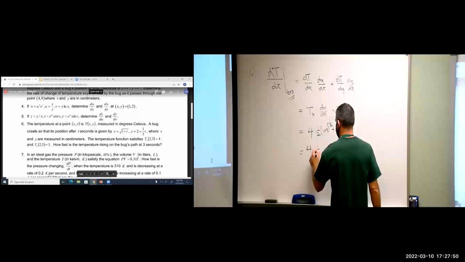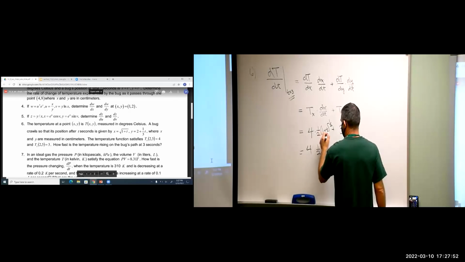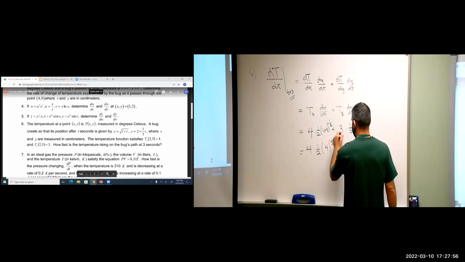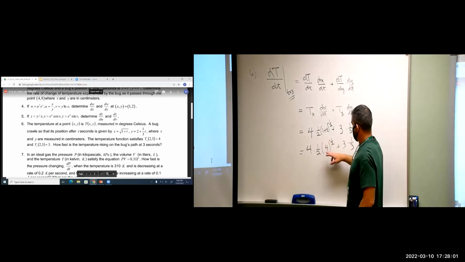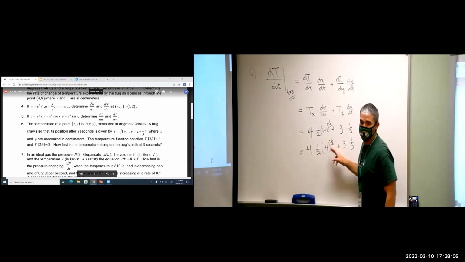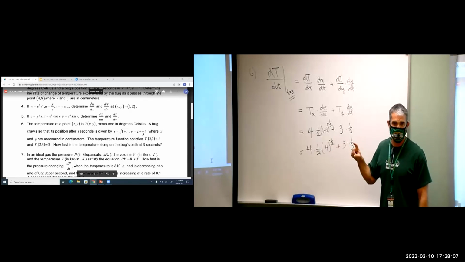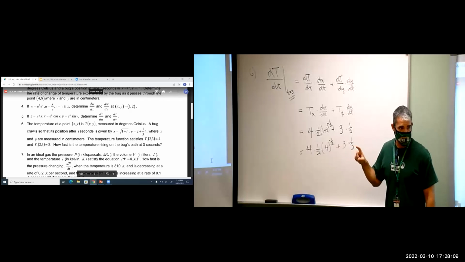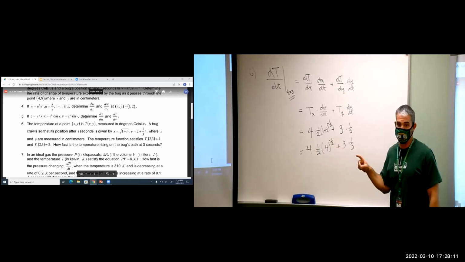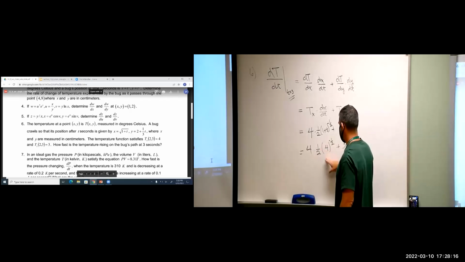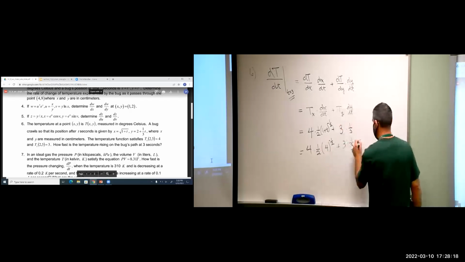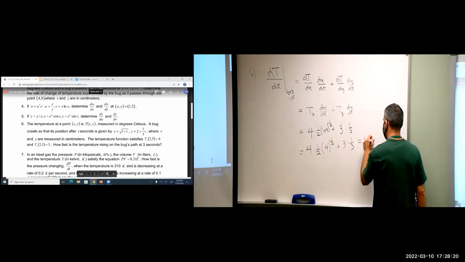So 4 times 1/2, (1 plus 3), there's our 4 to the negative 1/2. 3, I'm just going to write it all out for right now. So 4 to the negative 1/2. The negative means we take the reciprocal, the 1/2 means we take the square root. So the square root of 1/4 is 1/2. So we have 4 times a half, which is 2. And 3 times a third, which is 1.